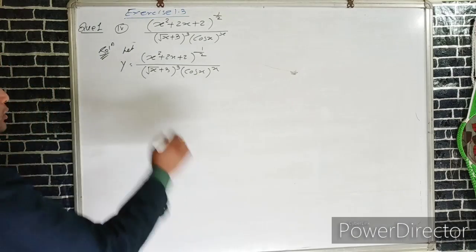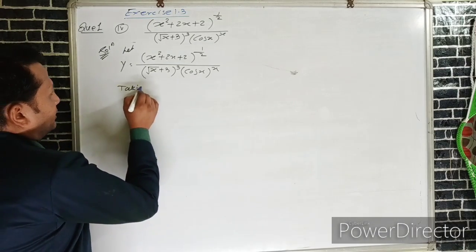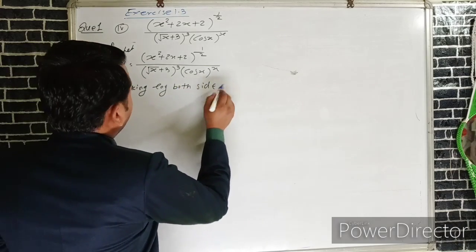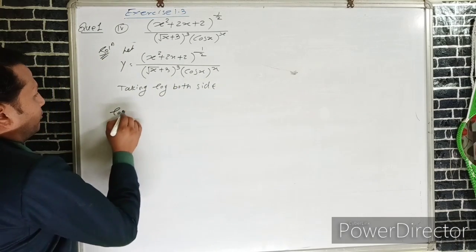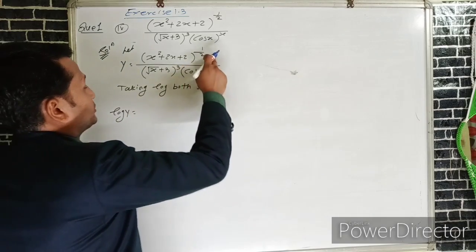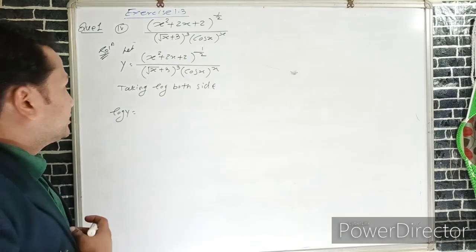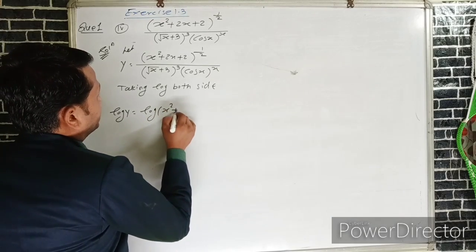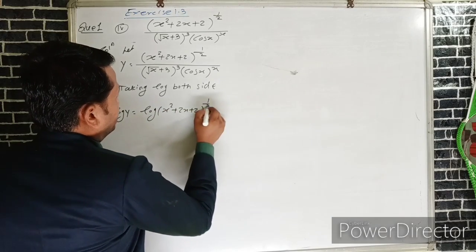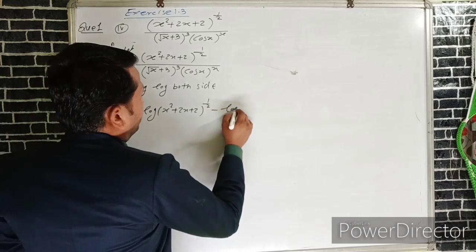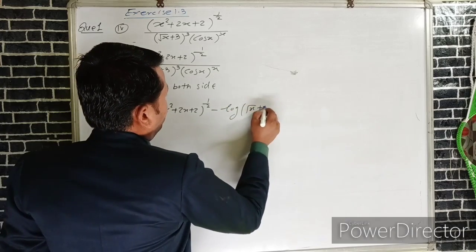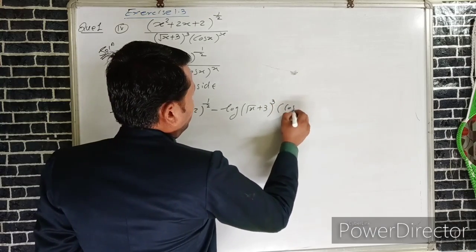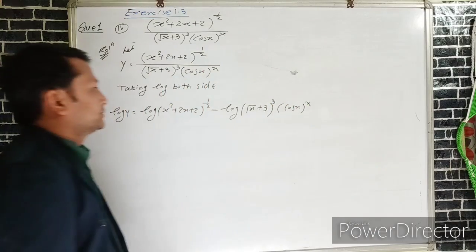If we take log both sides, taking log both sides, we can write this function log of y is equal to, by using the quotient rule which is log of m by n equals log m minus log n, we can write log of x square plus 2x plus 2 whole raised to the power 1 by 2, and again minus log of root x plus 3 whole bracket cube into cos of x whole raised to the power x.